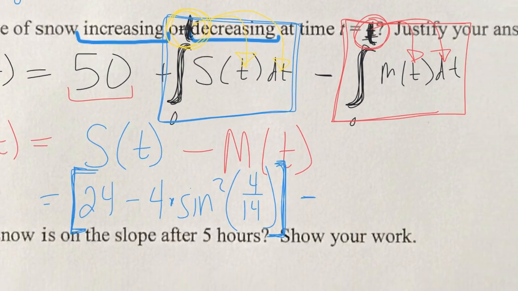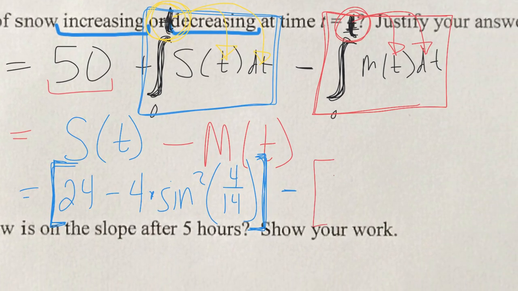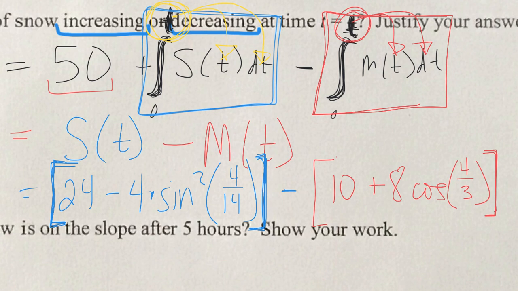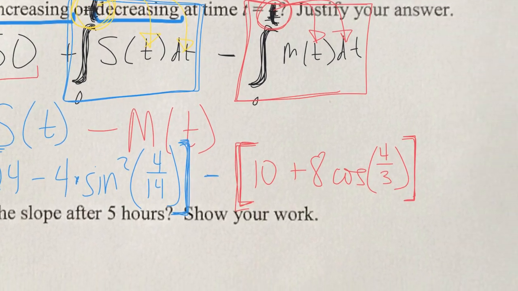And we're going to do the same thing for our melting snow function, 10 plus 8 cosine of 4 over 3. Okay, so we're going to put both of these into your calculator directly as you see them. We're not putting an integral in the calculator. We're just putting in a function with those exact numbers.